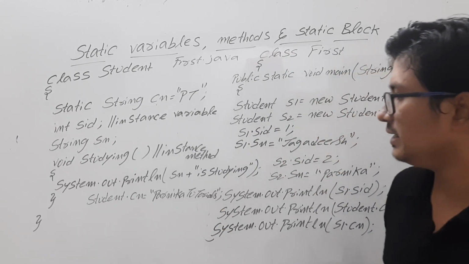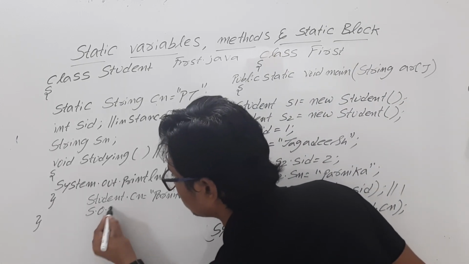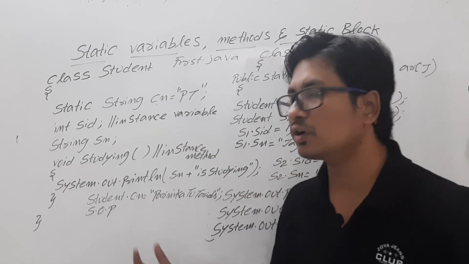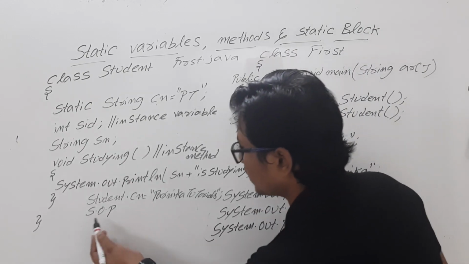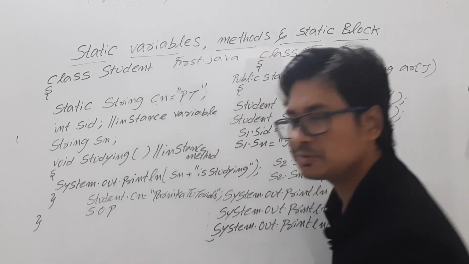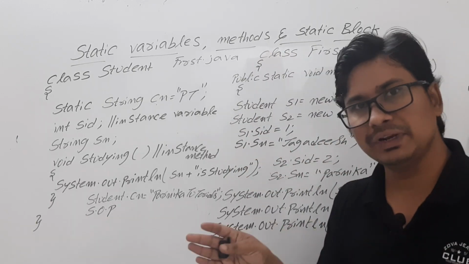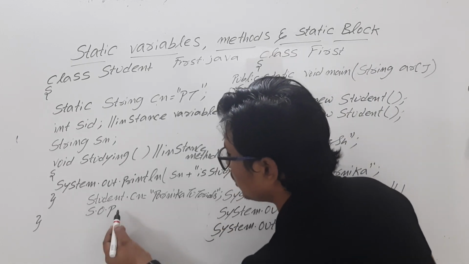Then if you write System.out.println, I am simply writing s.o.p. You can understand it is System.out.println. You should not write shortcuts in Java, but as there is a space issue I am writing like this. In Notepad++, we will write completely, System.out.println.